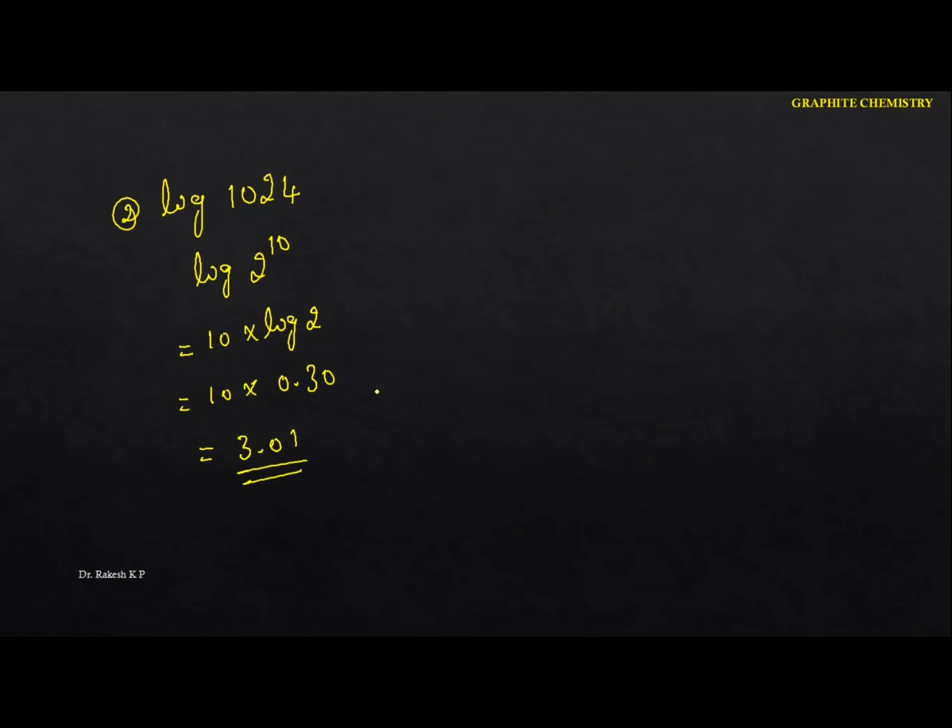Okay, let me go to the next one. Suppose they give it like this, for example, log 3.2. I can write 3.2 as 32 divided by 10.